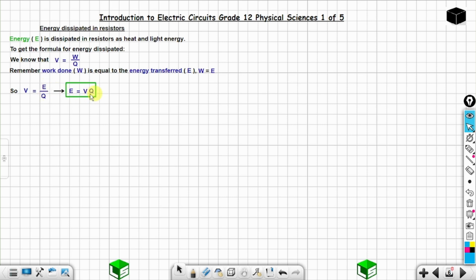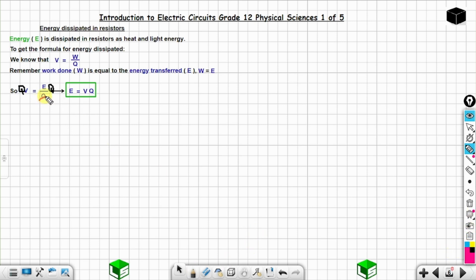How can you get this? What you can do is multiply by Q on both sides, so that you can cancel.